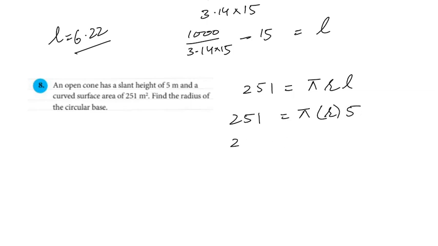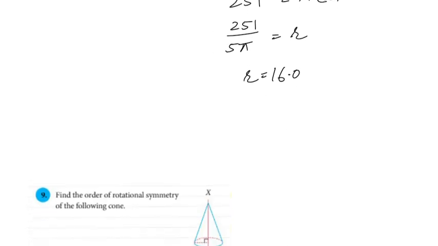So it is 251 divided by 5 pi, which will be equal to the value of R. And in this question, R is equal to 16.0, correct to three significant figures.